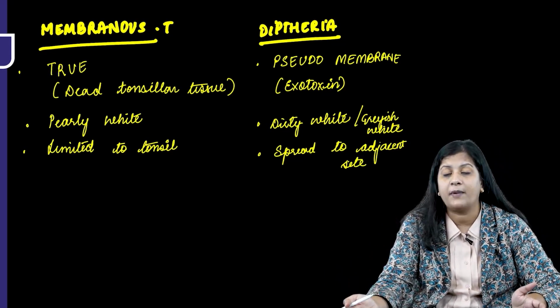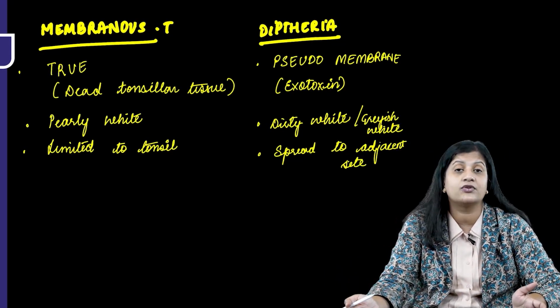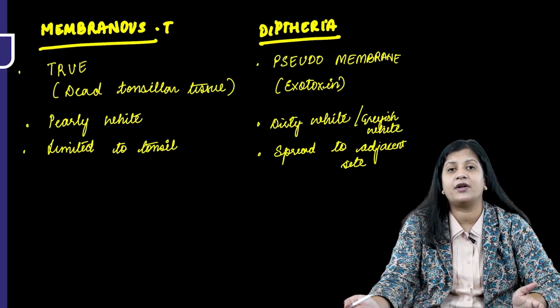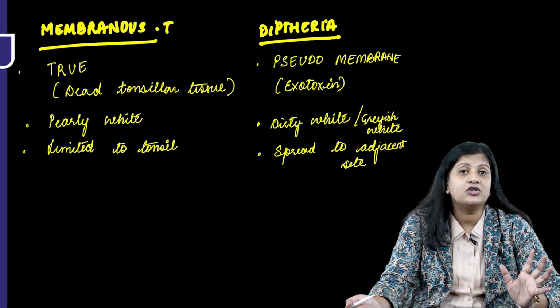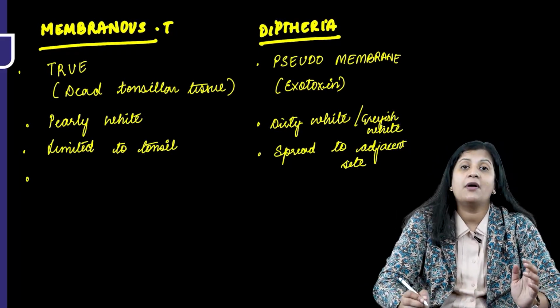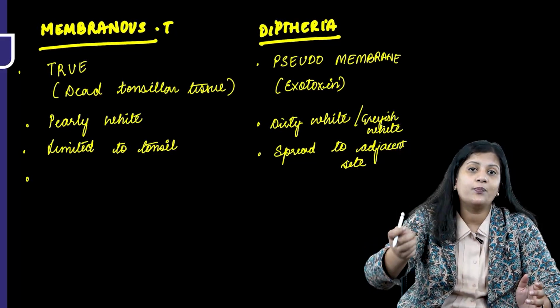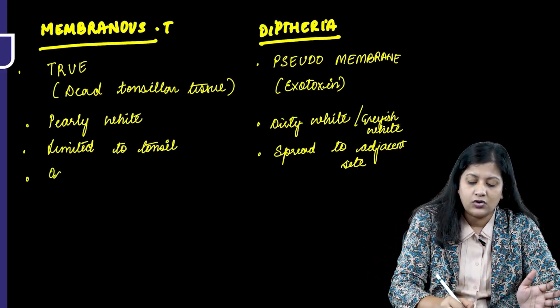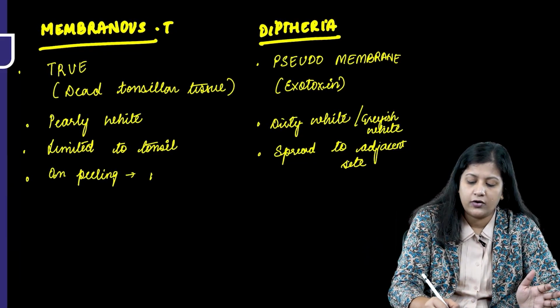So you can see the membrane spreading on the palate, on the oropharynx, in the vallecula, in the larynx, in the hypopharynx. But this you won't see in membranous tonsillitis. Fourth thing, in membranous tonsillitis, when you try to peel the membrane, the underlying surface will not bleed. So on peeling, the underlying surface will not bleed.